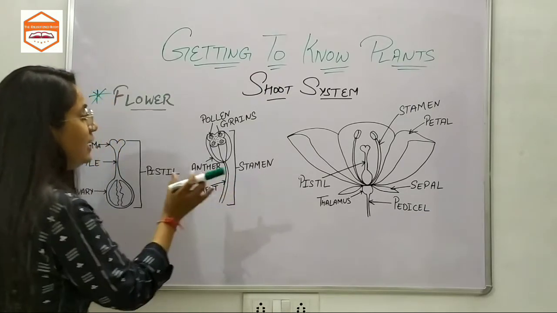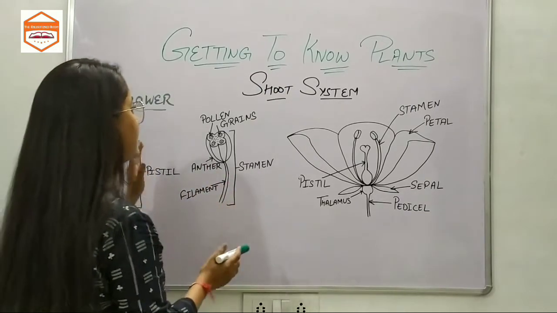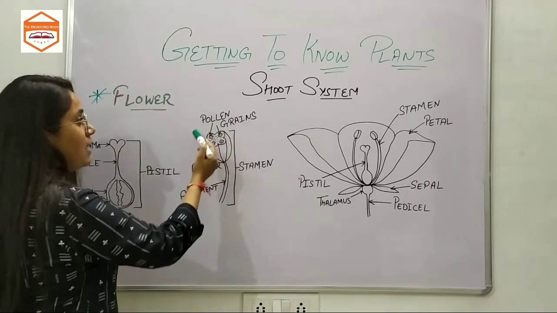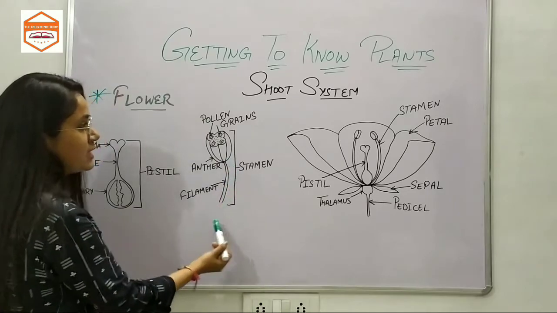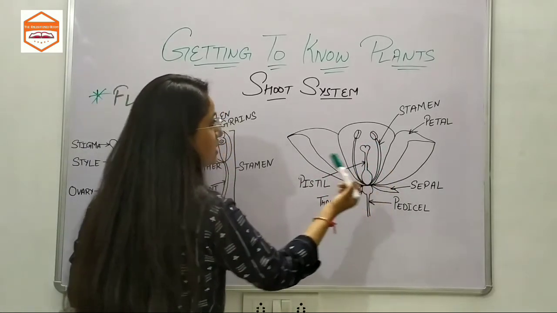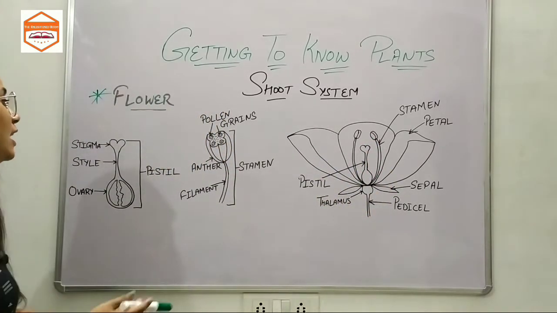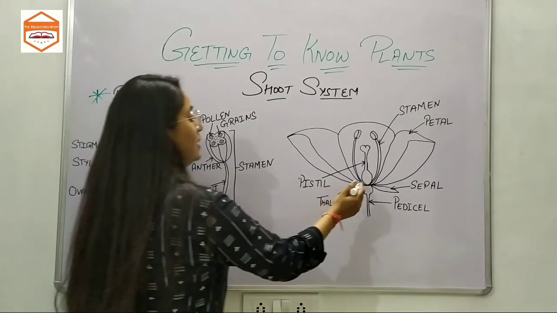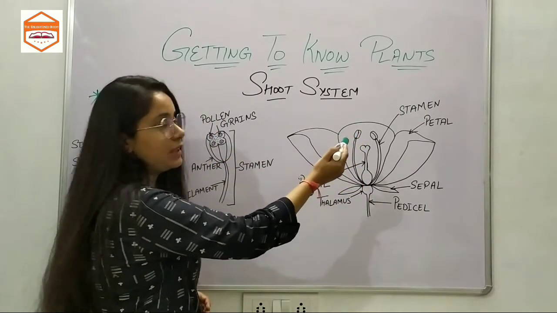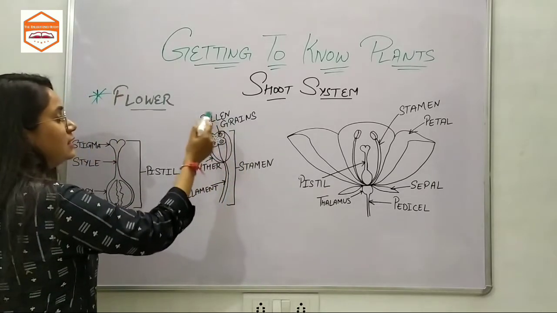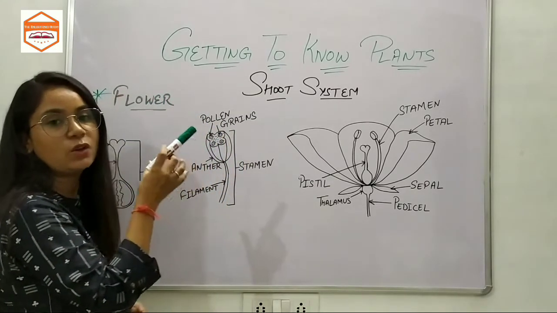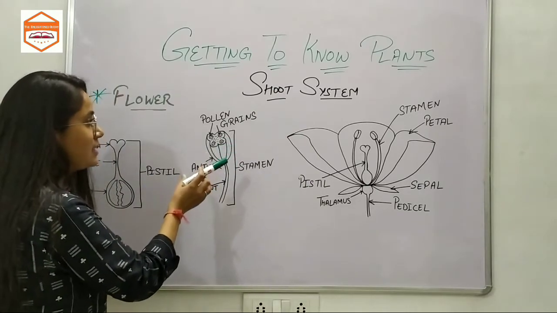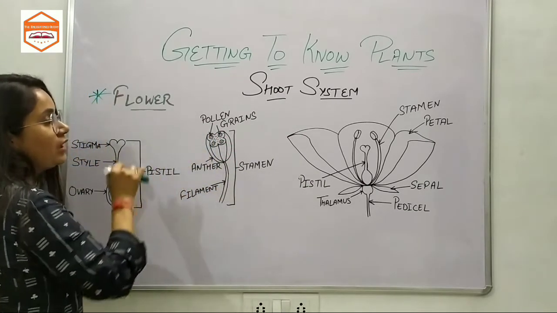If we cut this stamen from the middle, you can see the cut part of the stamen. This stamen consists of two parts. The upper part, the head of the stamen, is known as anther, and this long stalk is known as filament. This filament gives the stamen its height, and this anther contains a very important part of the plant, and that is pollen grains.